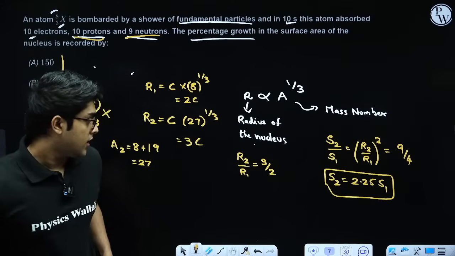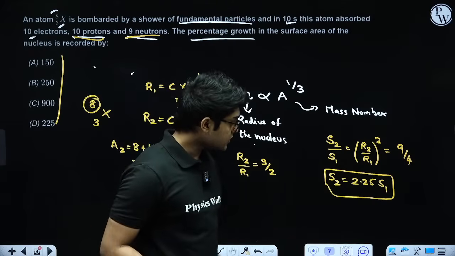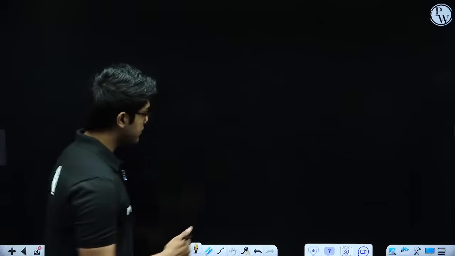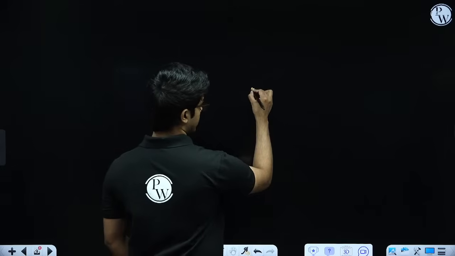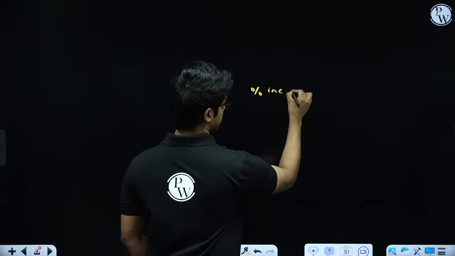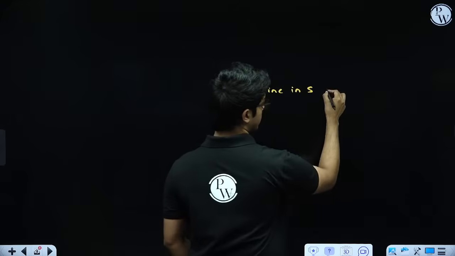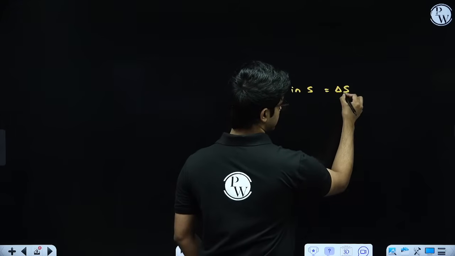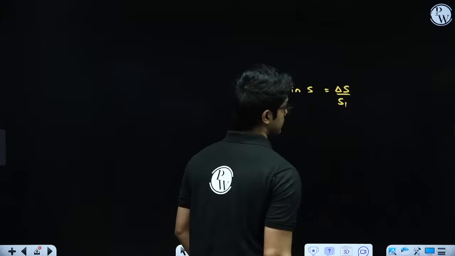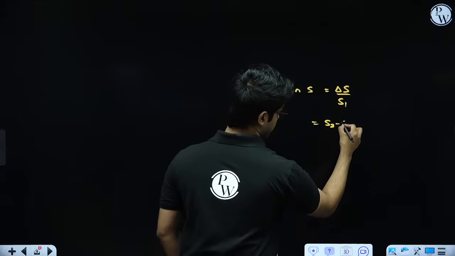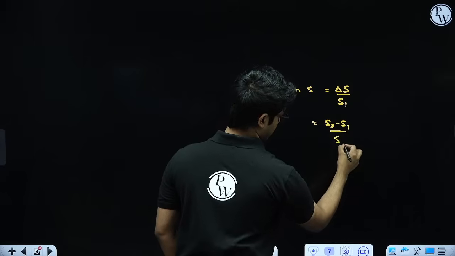Once again, S2 is 2.25 times S1. Now the question is, what is the percentage increase in the surface area? Percentage increase in S we calculate as delta S divided by the original surface area. What is delta S? It is S2 minus S1 divided by S1.